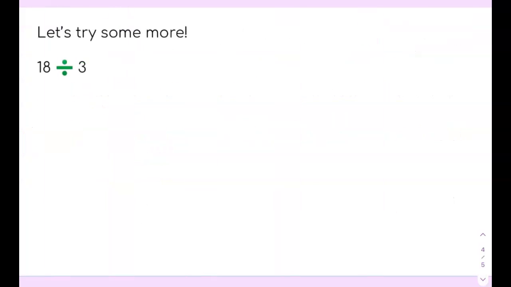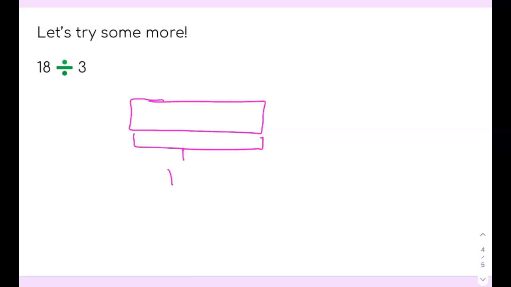Let's try showing this division equation, this division expression with a tape diagram. So if we have our tape diagram, we know we have a total of 18, sorry. Let's divide this one into 3 equal groups.